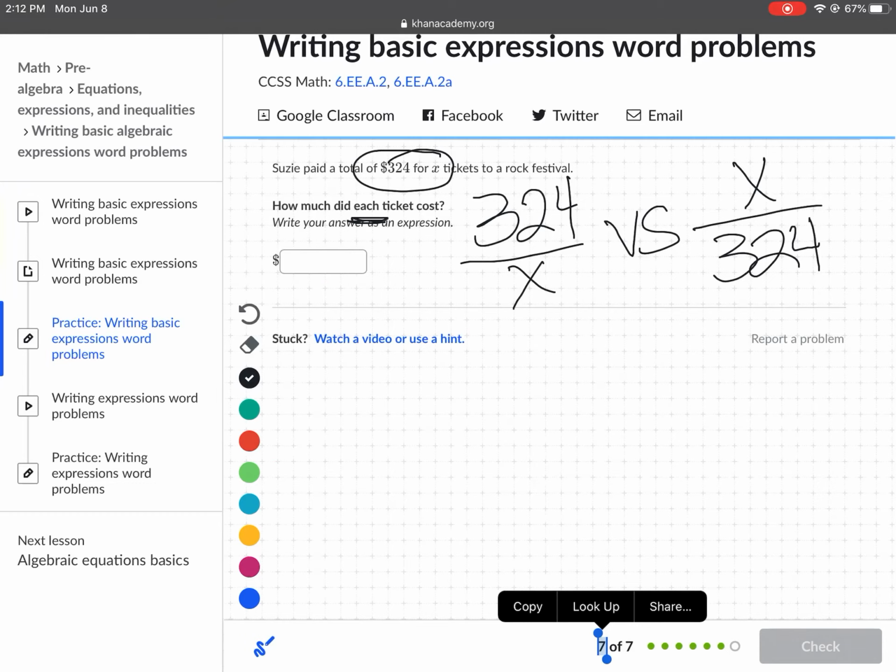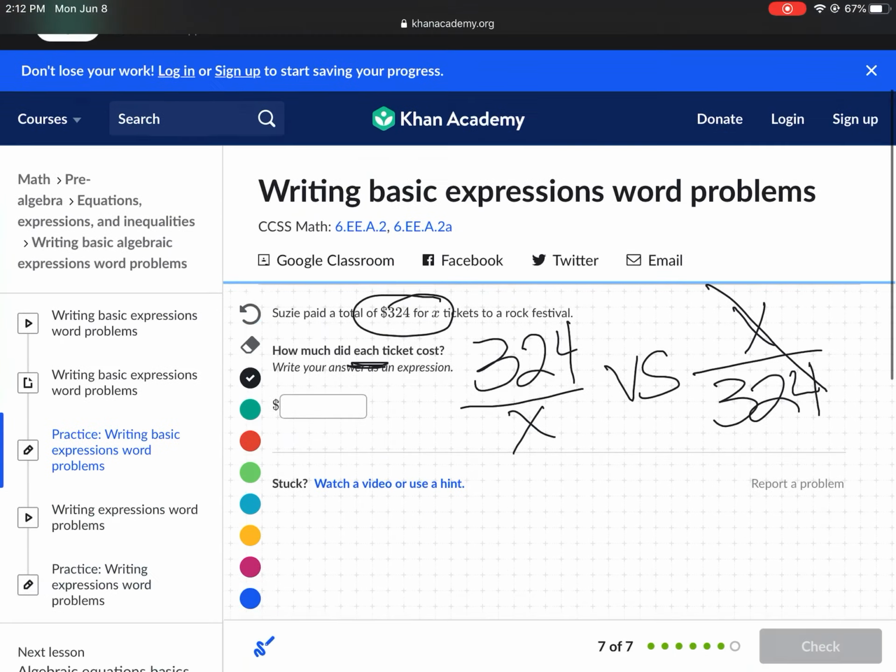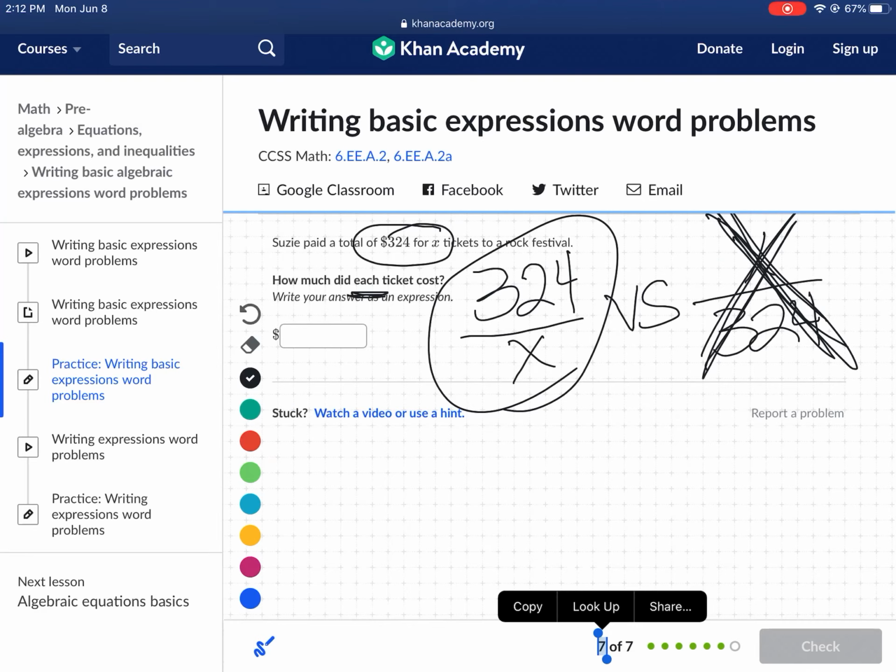Okay, and so I'm taking one ticket, maybe I'll just have one ticket and I have 324 friends, and I'm going to break that ticket up into 324 little pieces, and then each one of my friends gets one of those and that gets them into the concert. And that doesn't make any sense at all. So not this one. Oops, my pen is starting to die. Okay, this one right here shows I'm taking that total, taking 324, and I want to know how much is in each, how much it costs for each ticket.